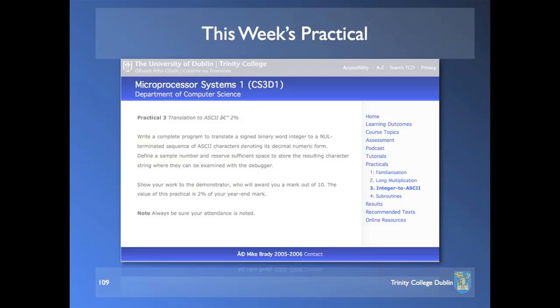Now, we have to figure out whether it's negative or positive right now, because if it's negative, we have to get its 2's complement form so that we can get its magnitude and start repeatedly dividing its magnitude by 10. So, when you move something, if you look up the move instruction, the condition code register, I'm going to check this actually, the condition code register will be set according to whether the number is positive or negative.